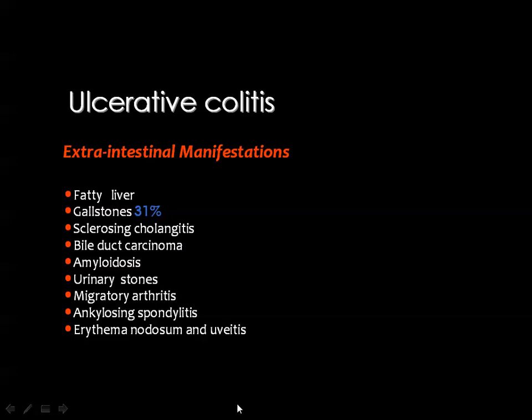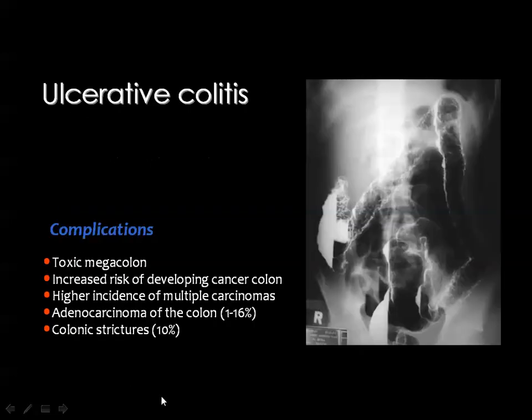There is less spasm of the colon, and there are tumor masses that can be identified by CT. As I have said, these are the extra-intestinal manifestations of ulcerative colitis, including fatty liver, gallstones, sclerosing cholangitis, bile duct carcinoma, amyloidosis, urinary tract stones, migratory arthritis, ankylosing spondylitis, and erythema nodosum.